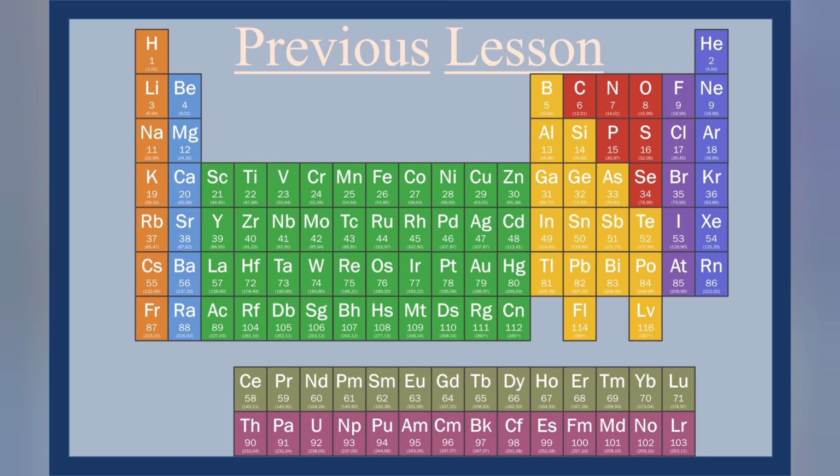That means these elements have been made in the where? In the science lab. Okay, so we are watching the elements in front of us. This is called the periodic table. Definitely when you go to the later classes, you will get the idea of this table.